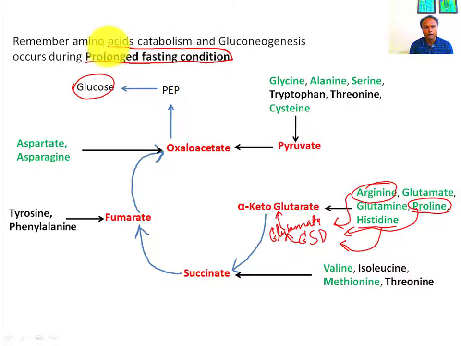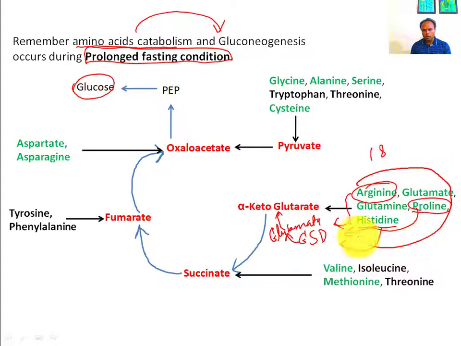In prolonged fasting, amino acid catabolism occurs in order to feed gluconeogenesis. Here, 18 out of 20 amino acids are catabolized to feed gluconeogenesis, and these amino acids join as alpha ketoglutarate.